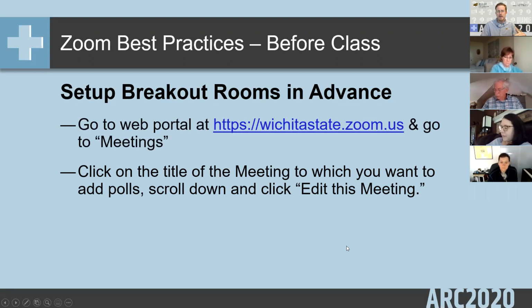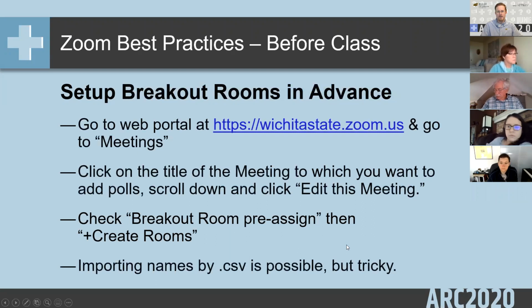You click on meetings, find the meeting you want, and then there's no breakout rooms button right there, so click edit this meeting, and then you'll find breakout rooms. You'll check the breakout rooms box, and that will open up a little area where you can create your rooms ahead of time.